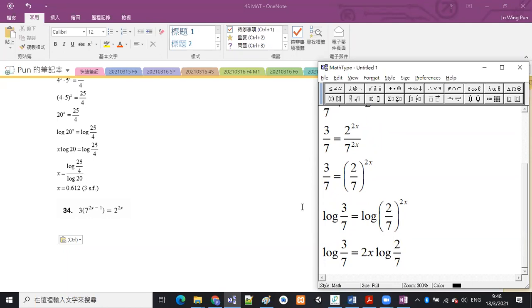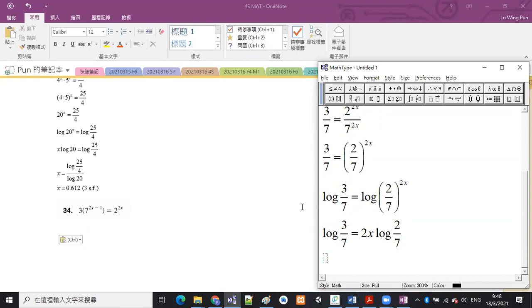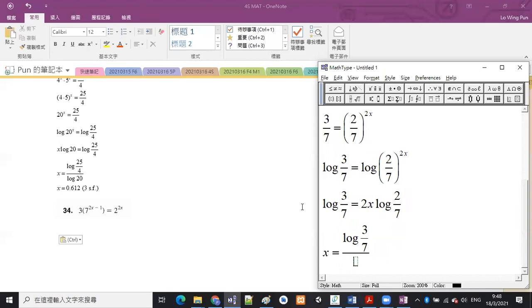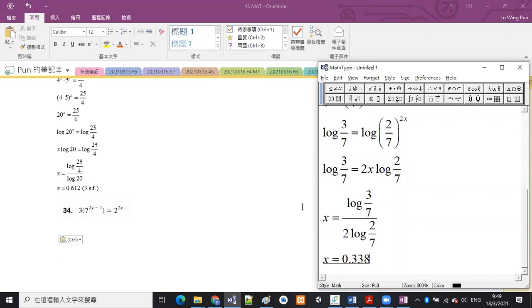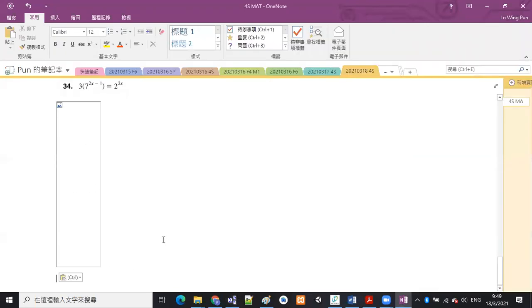This time we have a 2 here, so we just divide by the 2 to the left hand side. Making x the subject, it becomes log 3 over 7 divided by 2 log 2 over 7. And this is a pure number, so you may use the calculator to help you find the answer. Let me see. Should be 0.338, 3SF. So that is the answer.